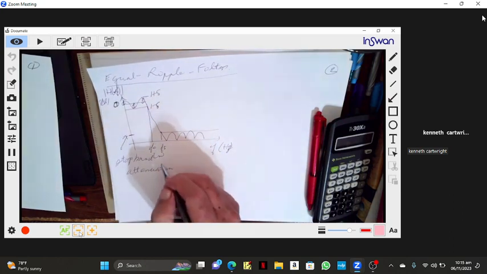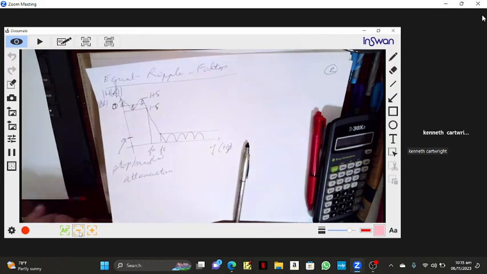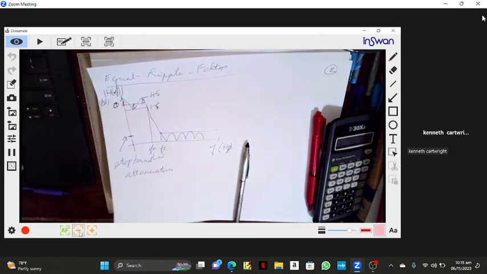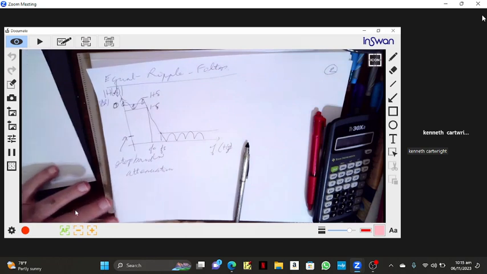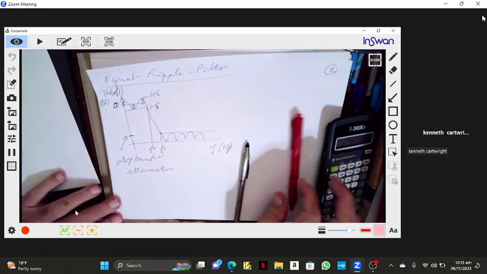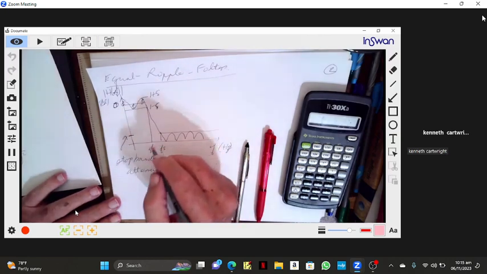What's this distance here called? The transition band, no? Yes, the transition band.